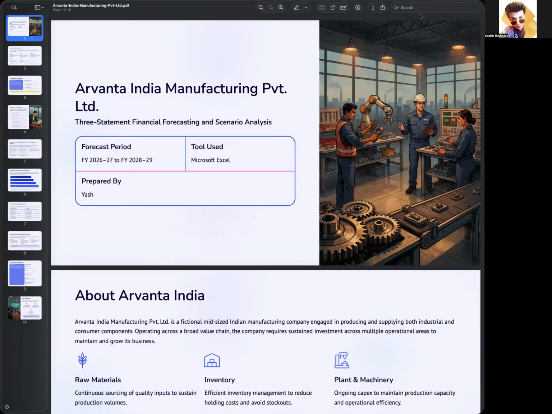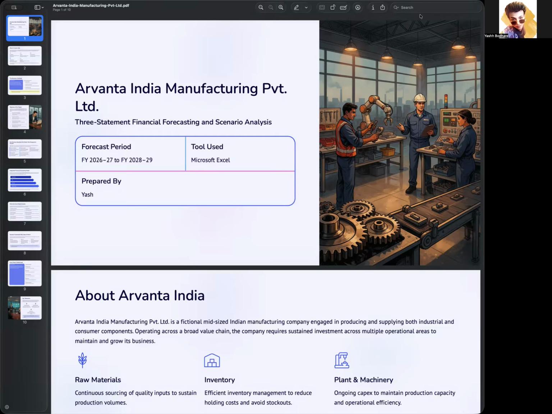Hello everyone, I'm Yash, and in this presentation, I'll be walking you through my three statement financial forecasting and scenario analysis project for Arvanta India Manufacturing Private Limited. Arvanta India is a fictional manufacturing company created for the financial modeling case study.